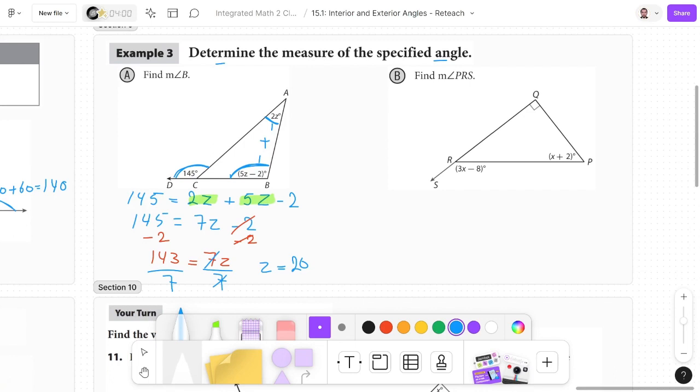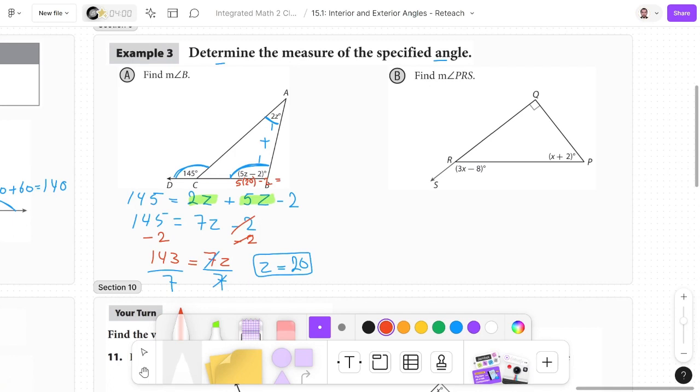Now, after we found z, replace z in the equation. So 5 times 20 minus 2. 5 times 20 equals 100, right?